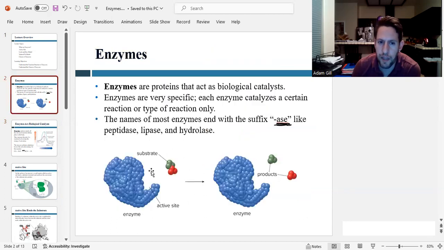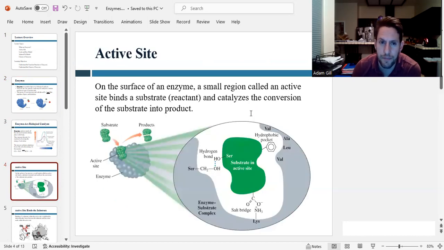Now, I mentioned briefly that where the substrate binds in the enzyme is called the active site, because that's where all the activity happens. Let's take a closer look at the active site. The active site is somewhere on the surface of the enzyme, and it's like a little pocket, and your substrate molecule fits in that pocket. But it's not just the fact that it fits the right shape. There are forces going on that hold it into the pocket. And those forces are the intermolecular forces that we learned about chapters ago.